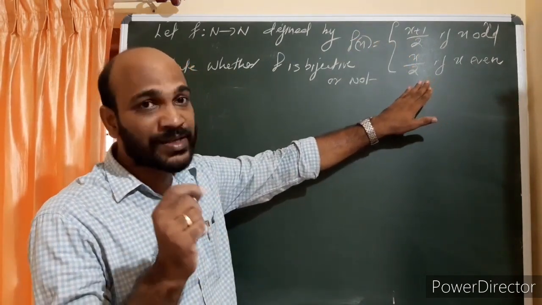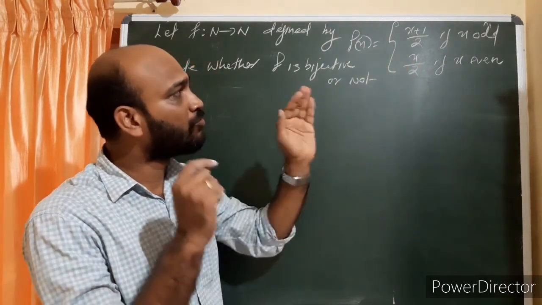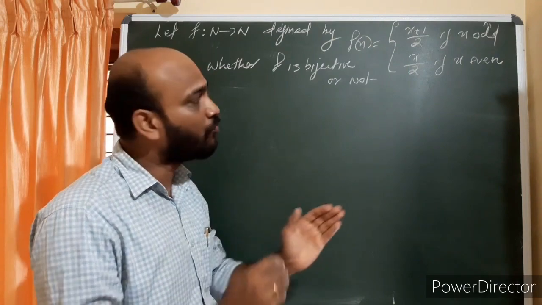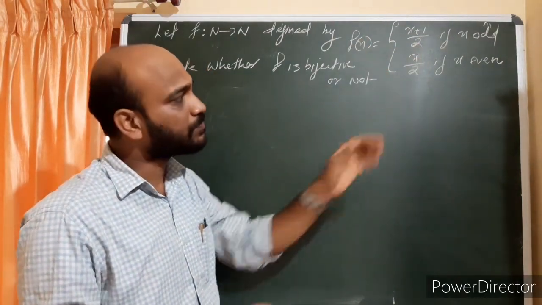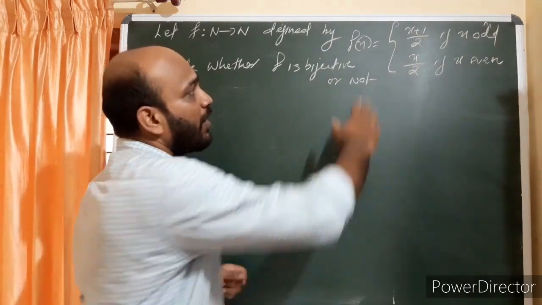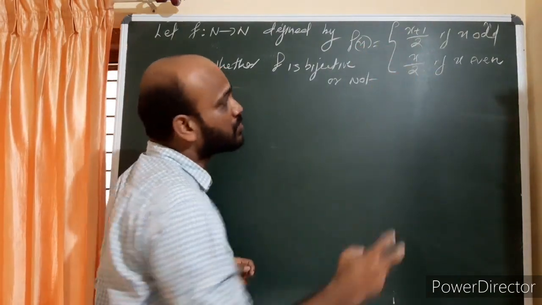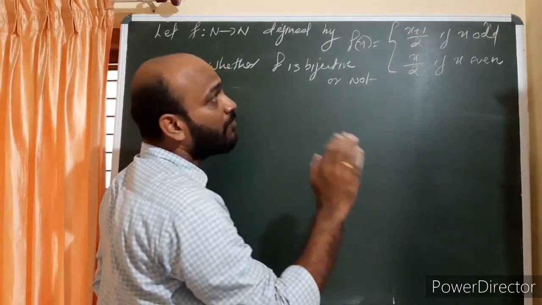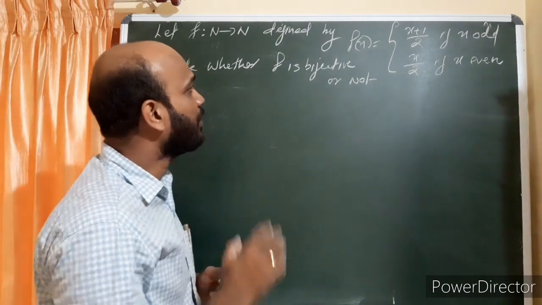So when the value of x is even, we have to use this definition. For example, when x equal to 4, suppose we want to find f of 4. f of 4 will be 4 by 2, that is 2. What about f of 5? f of 5 will be, 5 is an odd number, so you have to use the first definition. That will be 5 plus 1 by 2, 6 by 2, 3. Like that you have to find.